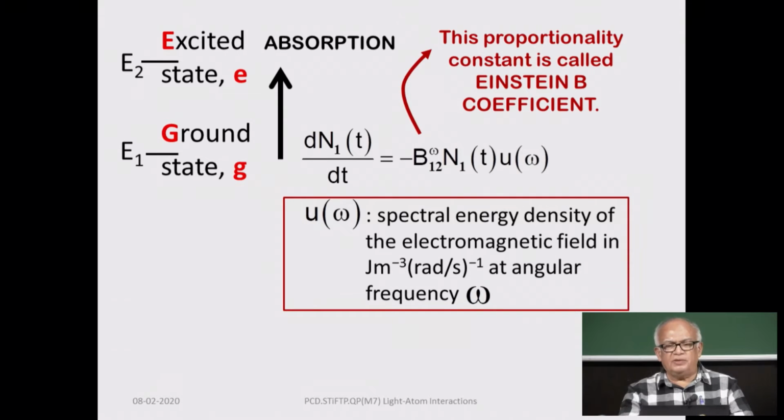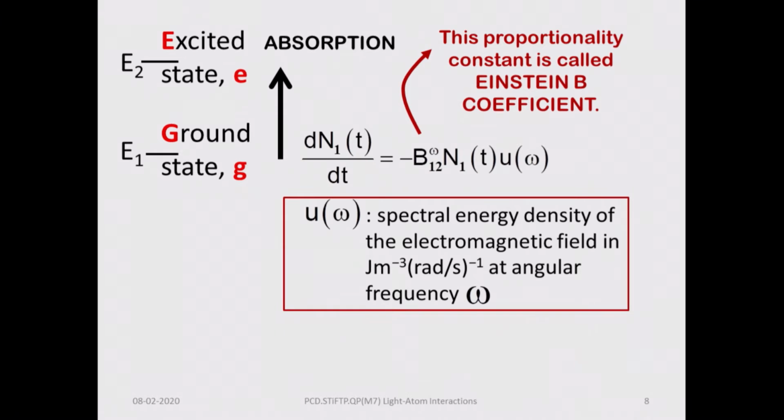So, there has to be a spectral energy density of photons at that energy to enable this absorption, because the atom can spontaneously decay, but it cannot spontaneously go from the lower state to the excited state. And that is the reason in this rate equation you not only have a proportionality constant B in addition to the number N1, of course, you also have the spectral energy density of the electromagnetic field.